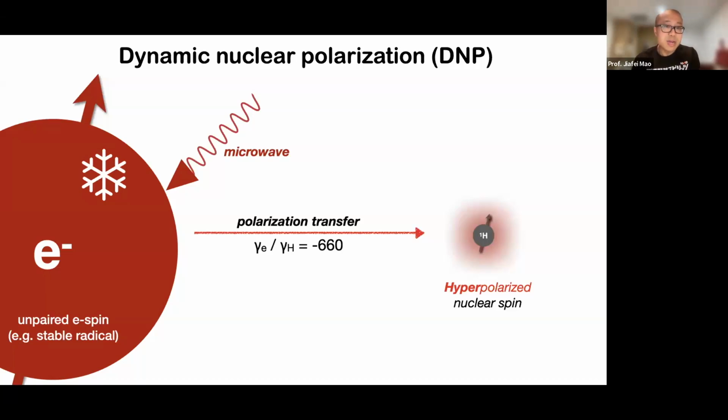Now we see the gyromagnetic ratios of these two spins are very different. So when you pull the polarization from the electron spins to the nuclear spin, you have a huge boost of the NMR sensitivity. So this is actually one of the most powerful hyperpolarization techniques.